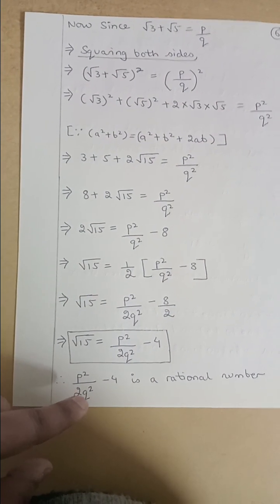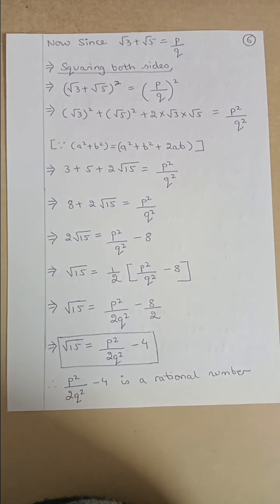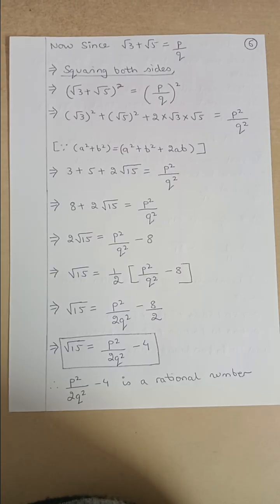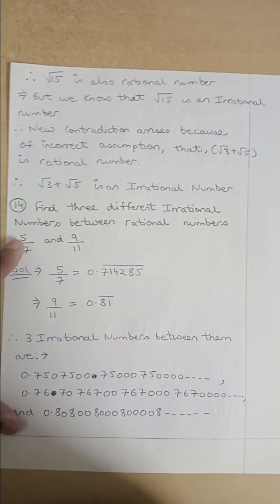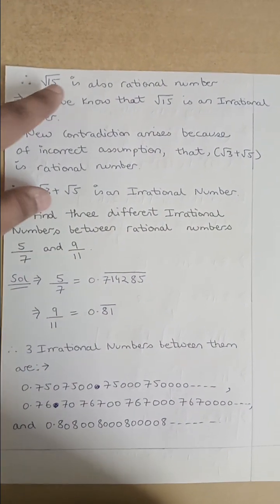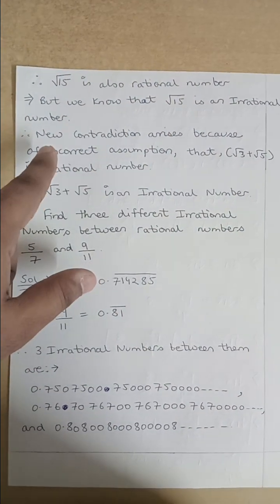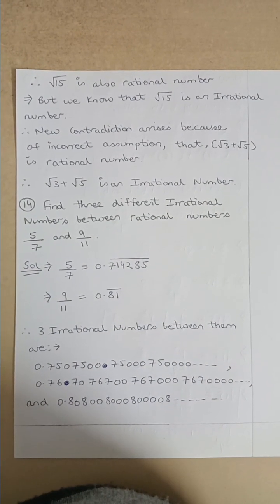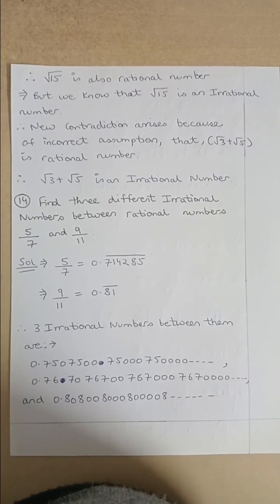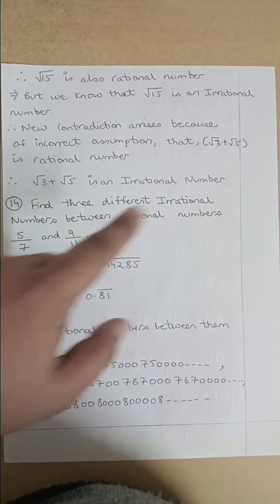So p square by 2q square minus 4 is a rational number. Therefore, root 15 is also a rational number, but we know that root 15 is an irrational number. This contradiction arises because of the incorrect assumption that root 3 plus root 5 is a rational number. Therefore, root 3 plus root 5 is an irrational number.